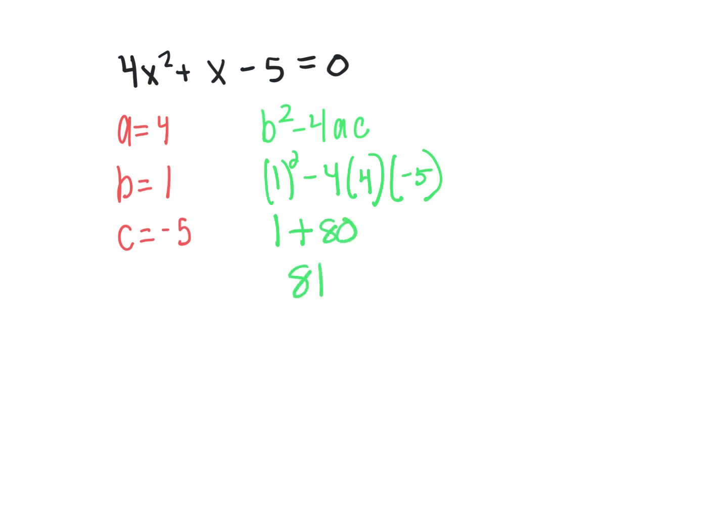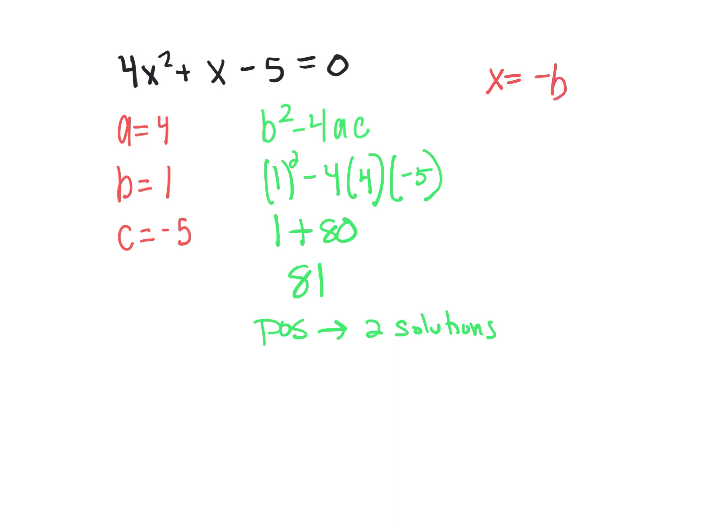And I get 81. Since that is positive, that means I need to continue. I know that there's going to be 2 solutions, so I'm going to continue on with the quadratic formula to find where those x's are. Where are they crossing over the x-axis?